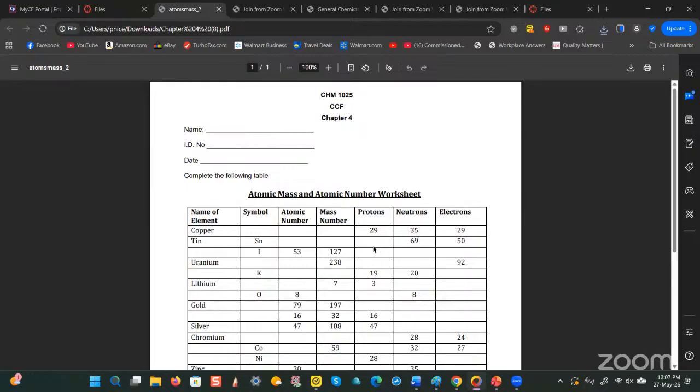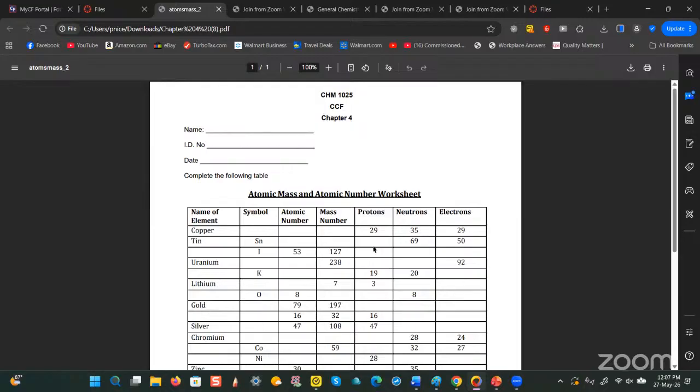And then there's another number known as the mass number. The mass number is, by definition, the sum of the number of protons and neutrons in an atom. Very often, especially students meeting this topic for the first time, confuse the mass number with the atomic mass. Those are two different things.